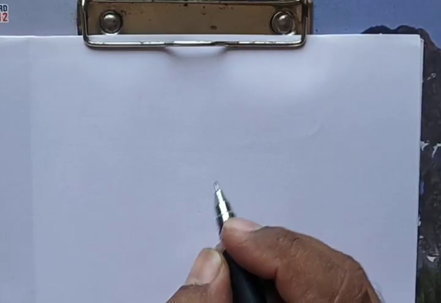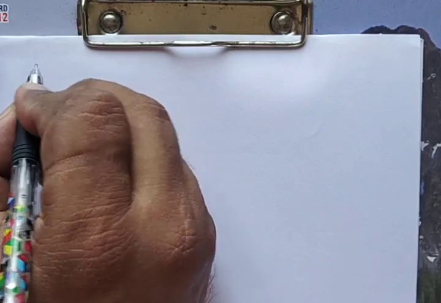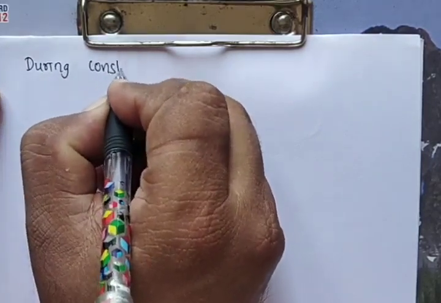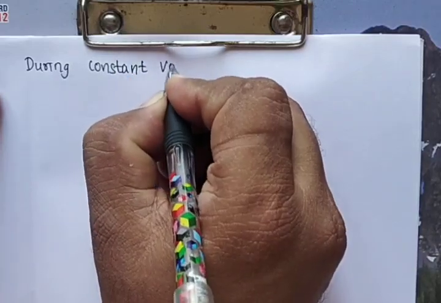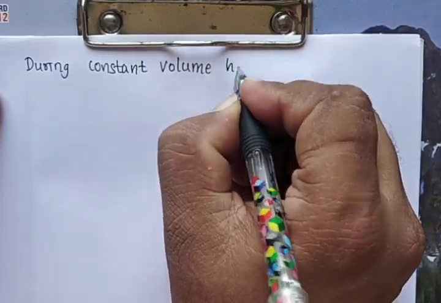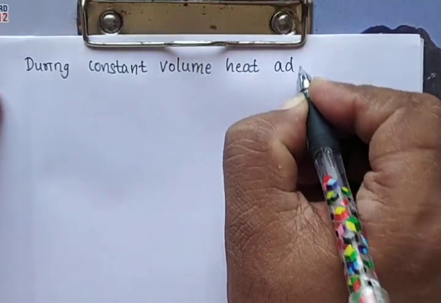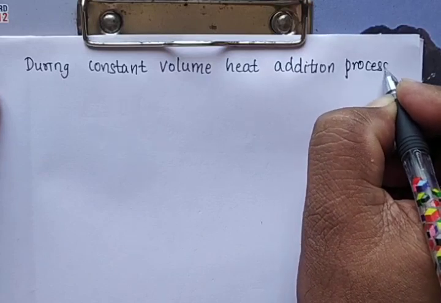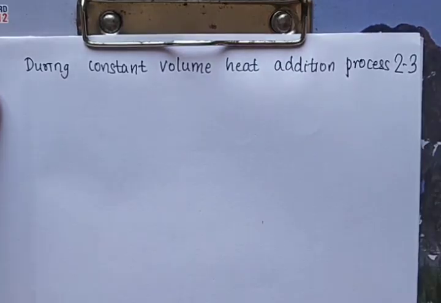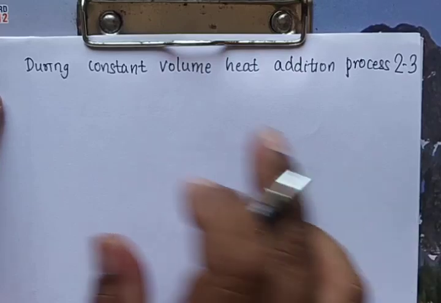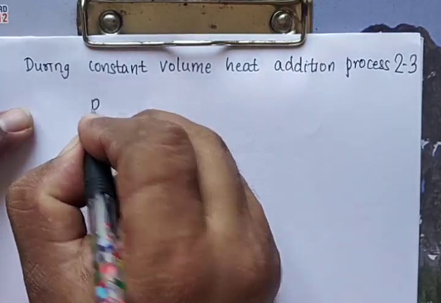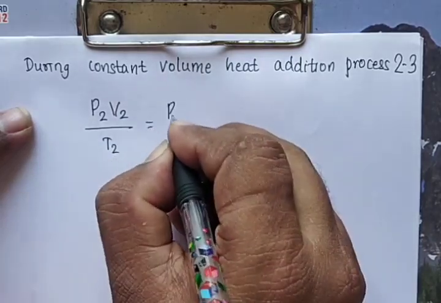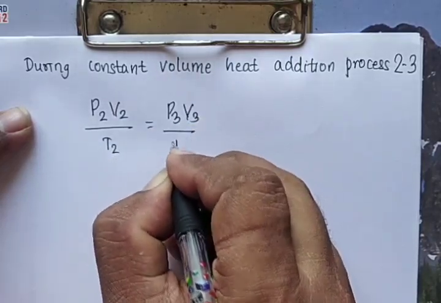After finding out the value of T3, next find out P3. So to find out the value of P3, we will go to the process 2 to 3, that is the constant volume heat addition process. During this process 2 to 3, where heat is added at constant volume, we can write the PVT relationships, that is P2 V2 by T2 is equal to P3 V3 by T3.